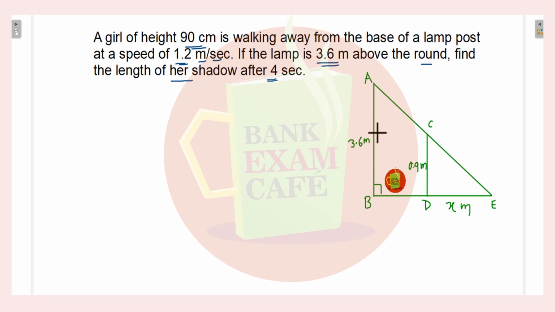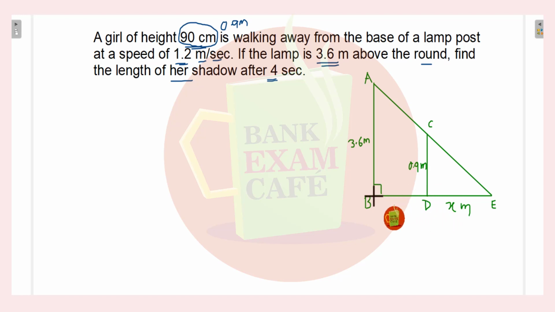So friends, here AB is a lamppost and the lamp is 3.6 meter above the ground. So here is a lamp. It means the height of this lamp from the ground is 3.6 meter. And the height of the girl is given as 90 centimeter. 90 centimeter means 0.9 meter. So the height of the girl is 0.9 meter.